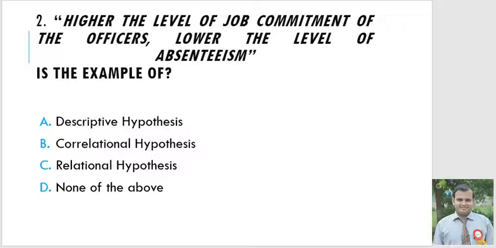Options are A, descriptive hypothesis, B, correlational hypothesis, C, relational hypothesis, or D, none of the above. Question is, higher the level of job commitment of the officers, lower the level of absenteeism is the example of which hypothesis? There are four options, from which one is the correct answer.